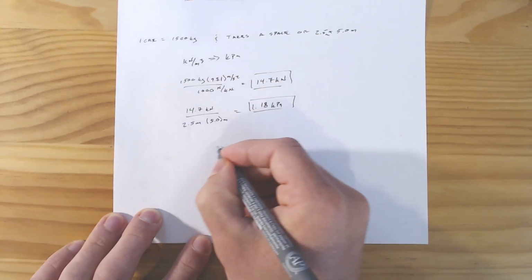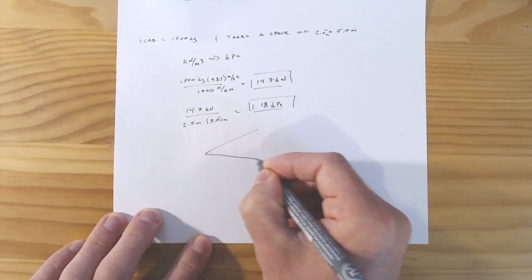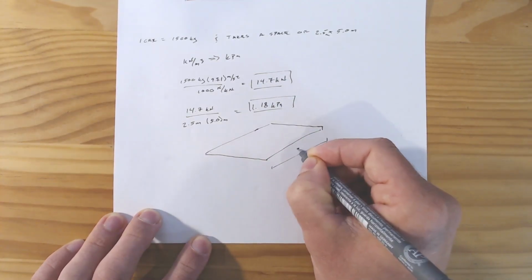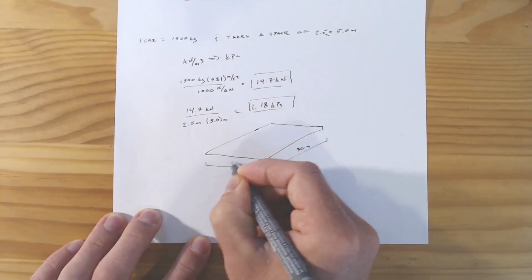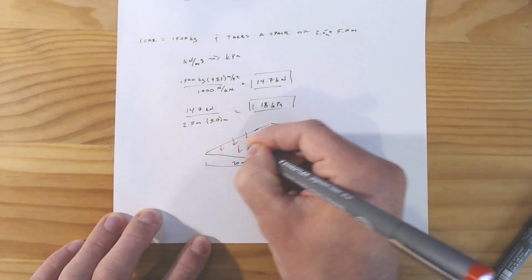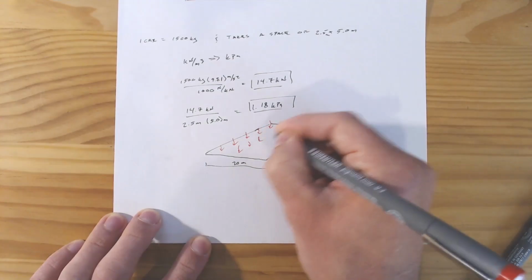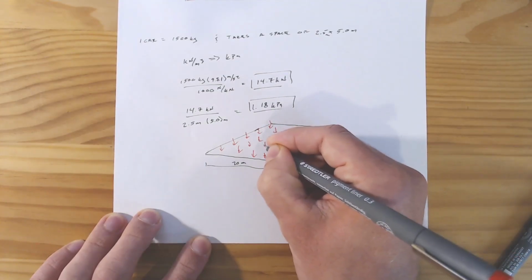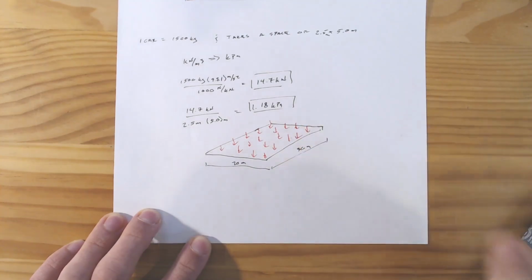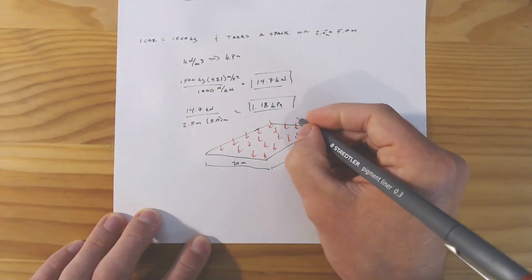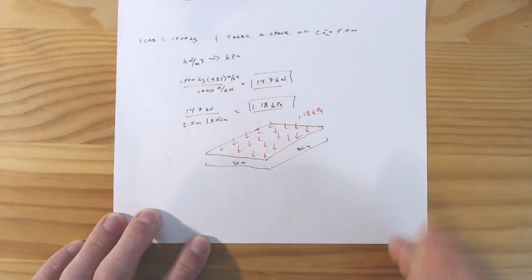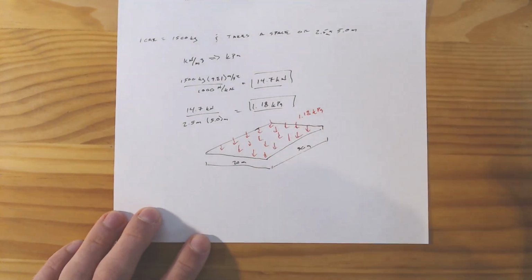So effectively what that means is we would have our car parking deck, 30 meters, 20 meters, and it has a force acting down on it of 1.18 kPa over the entire structure.